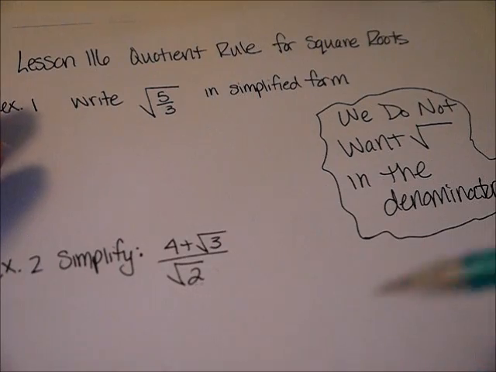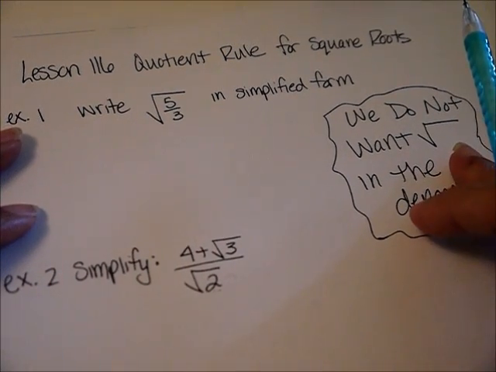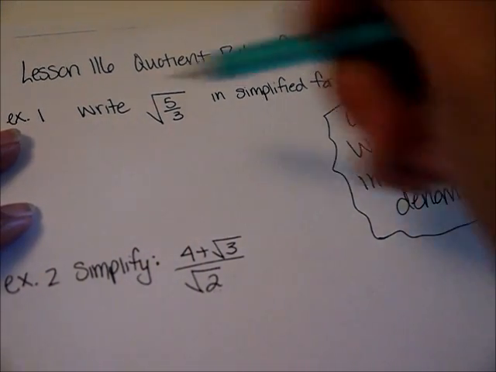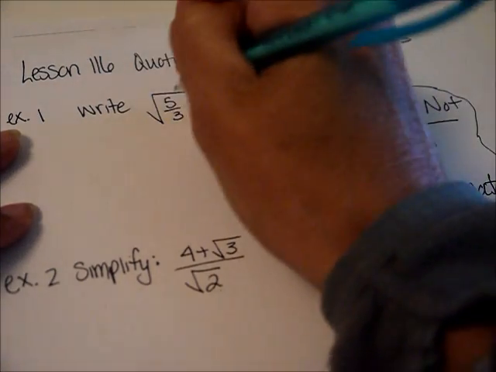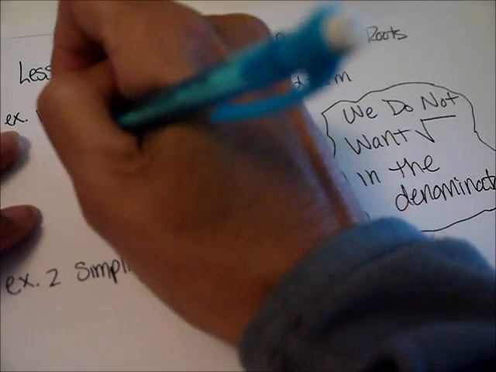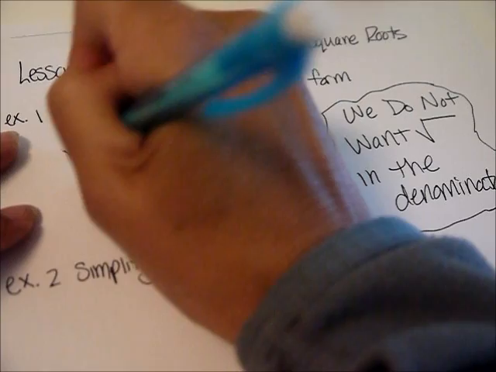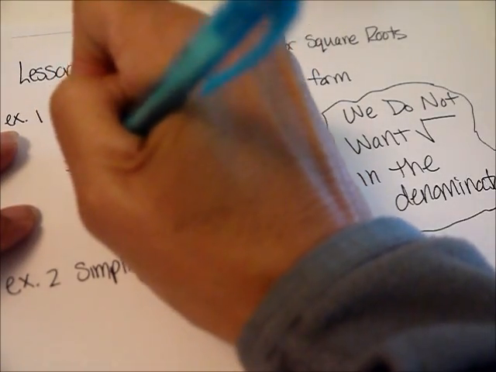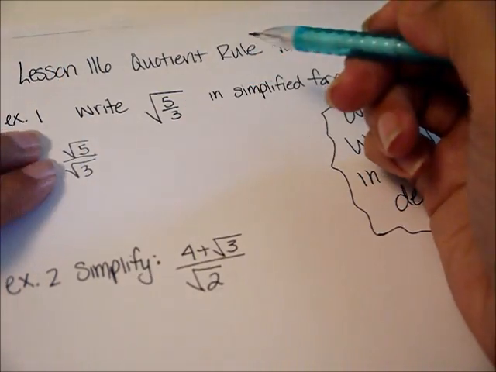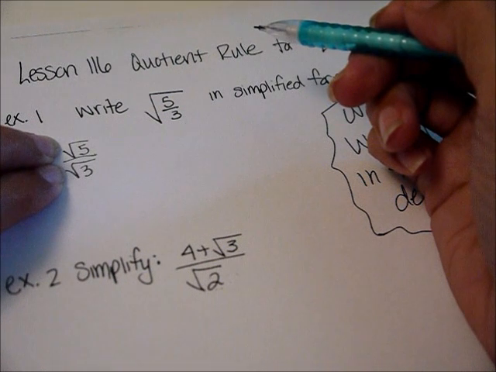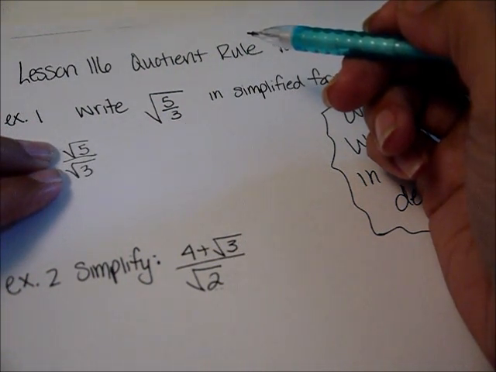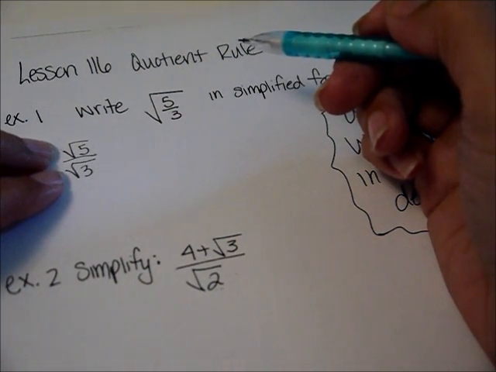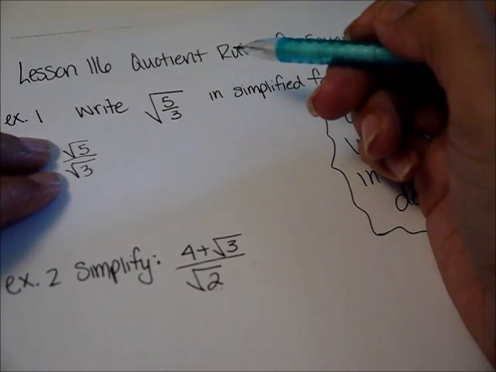Anytime there's a square root in the bottom, it means you're not done answering the question, okay? So here, square root of 5 over 3 is the same as the quotient rule, that you can separate them, okay? So that means the same thing. But now we have a square root in the bottom. We don't like that. So we have to figure out how to get rid of it.